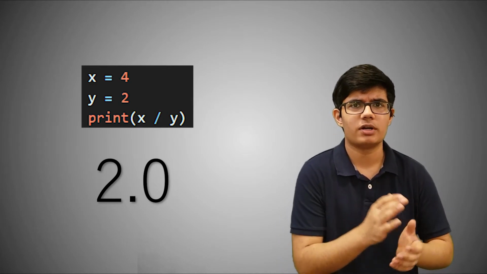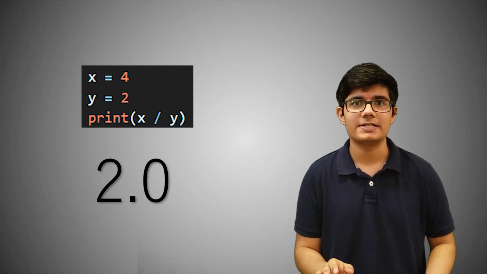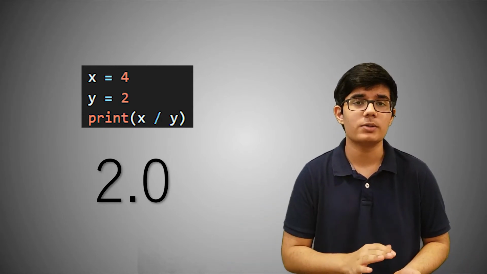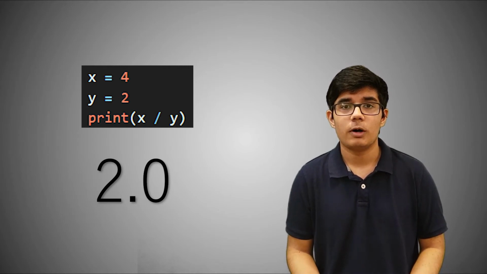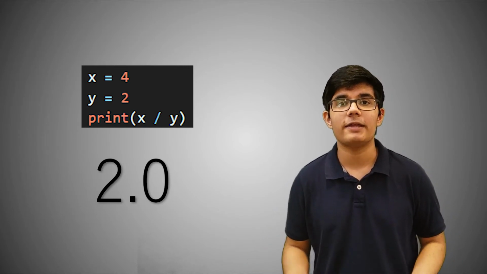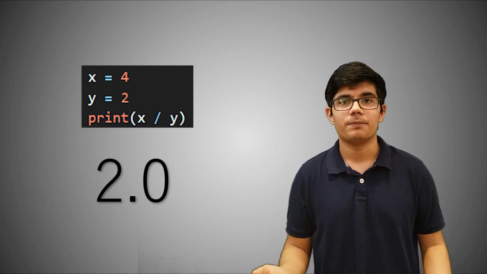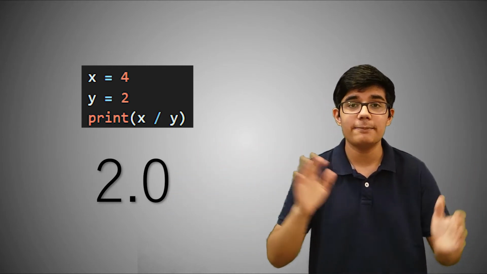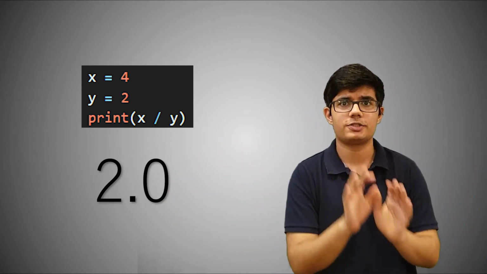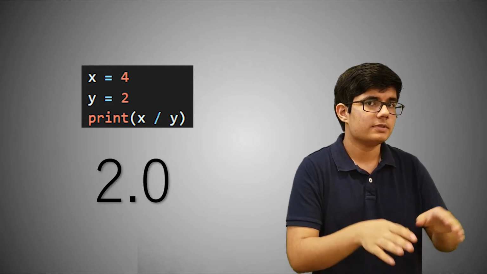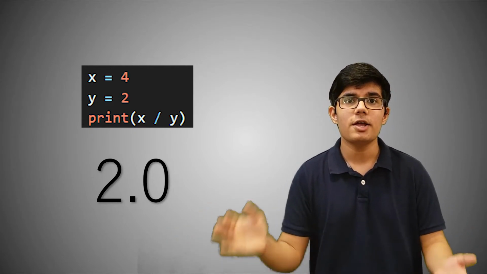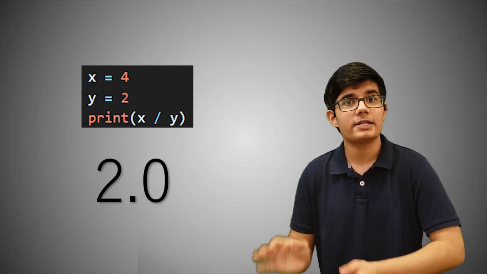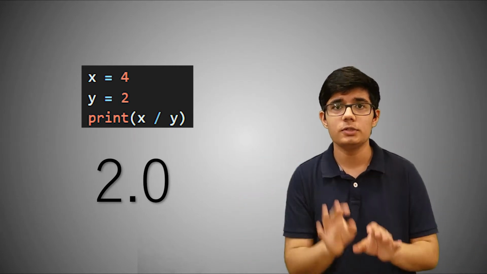I divided 4 divided by 2, two integers, and yet I got a float as a result. Well, that really comes down to the way division works in Python. Because division, even if your input variables are just 2 integers, division will always convert the answer to a float. Thus, we get 2.0 instead of 2.